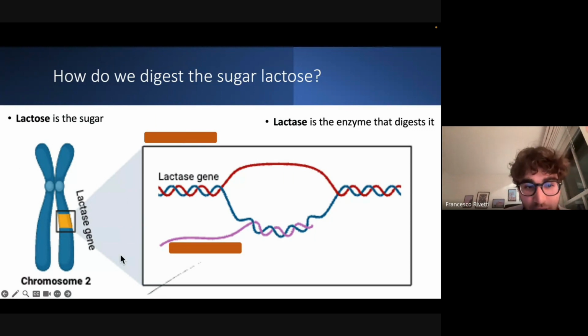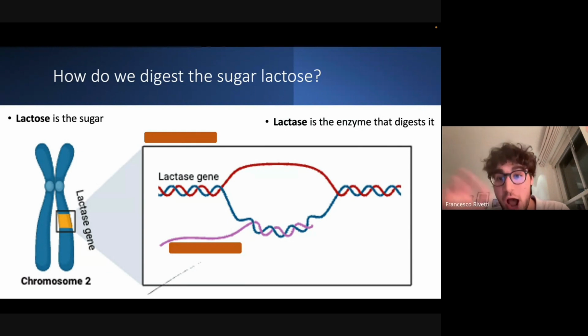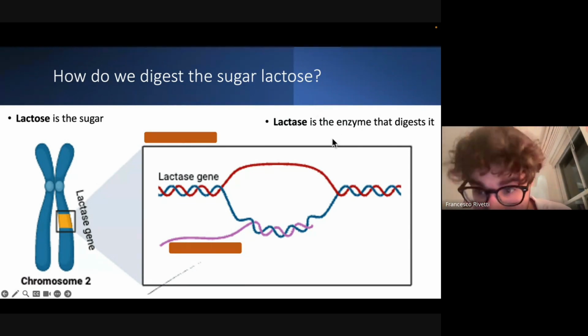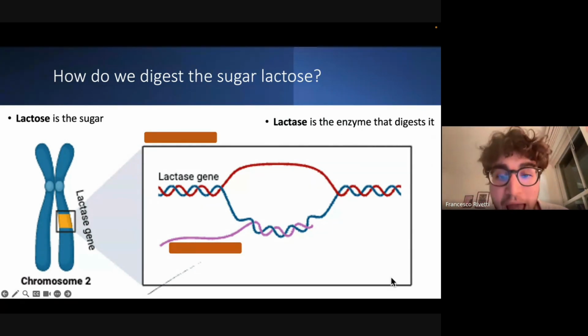But essentially, when our bodies are faced with lactose, they will initiate the production of the lactase enzyme from the gene. So lactase is an enzyme that digests lactose. And does anybody know what process this is that we're seeing, where the DNA is being opened and RNA is being produced from the DNA?